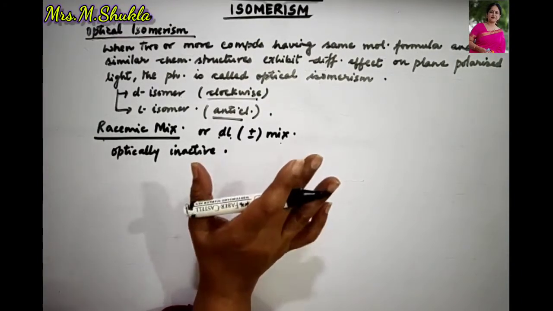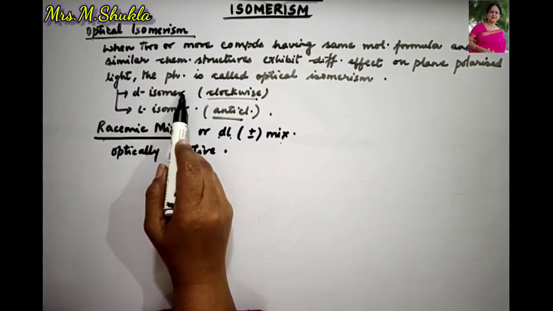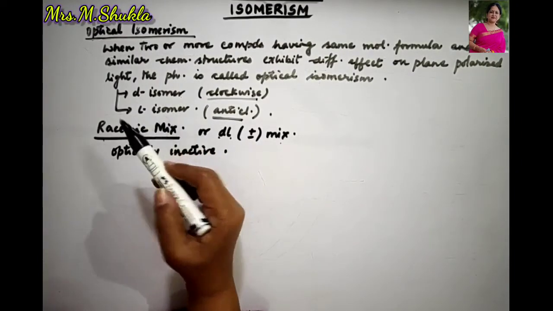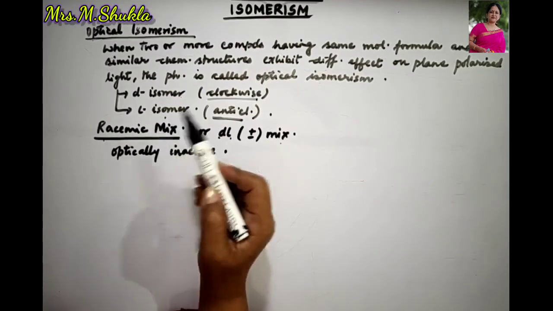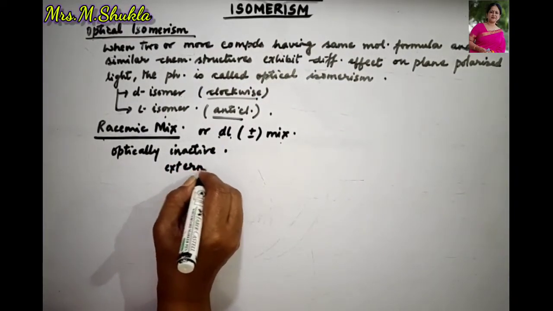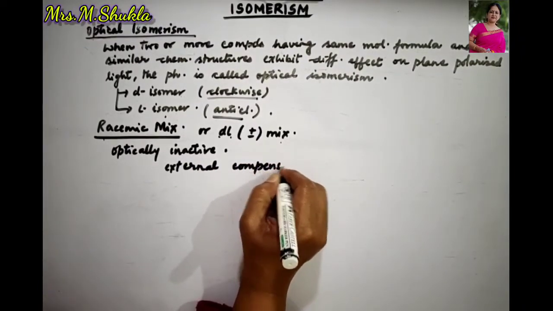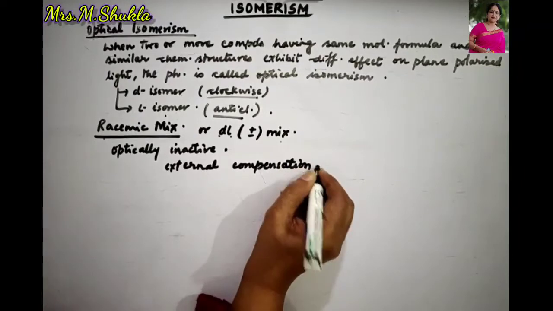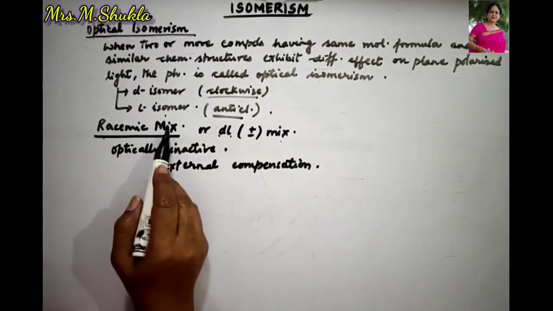Why? Because the rotation caused by one enantiomer is exactly compensated by the one caused by the other enantiomer. So this phenomenon is also termed external compensation. So again I repeat, what is a racemic mixture?